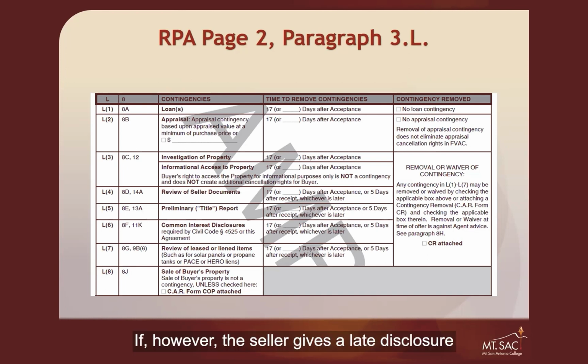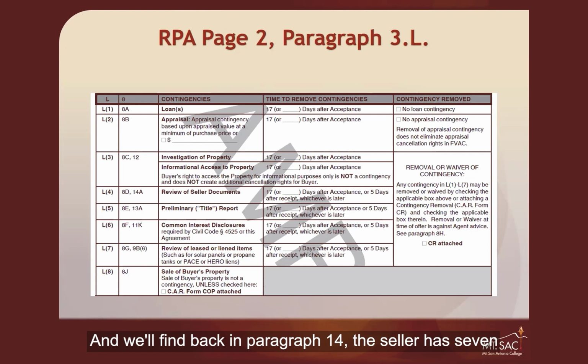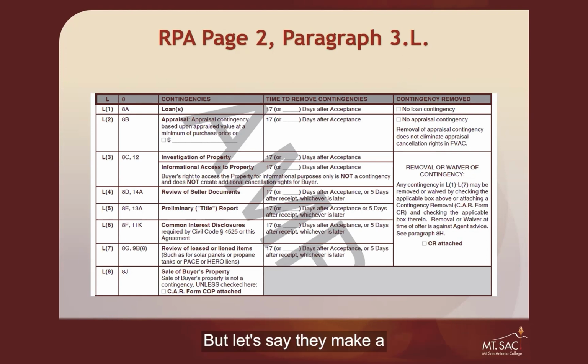If, however, the seller gives a late disclosure or a late document, then it is going to be 5 days after that. So if the seller, and we'll find back in paragraph 14, the seller has 7 days, just as they do now, to make all disclosures. But let's say they make a late disclosure on the 10th day, okay? Well, 5 plus 10 is 15. You're still running on the 17th day.